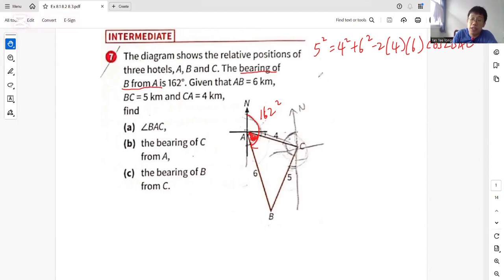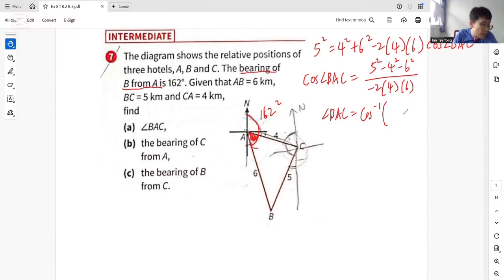When we calculate this, cosine angle BAC equals 5 squared minus 4 squared minus 6 squared over negative 2 times 4 times 6. So angle BAC is equal to cosine inverse of this fraction, which is 9 over 16.